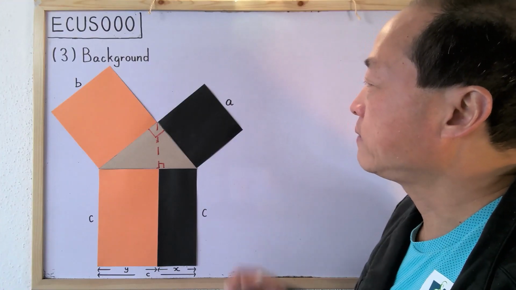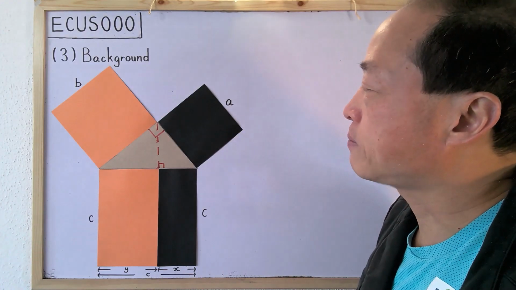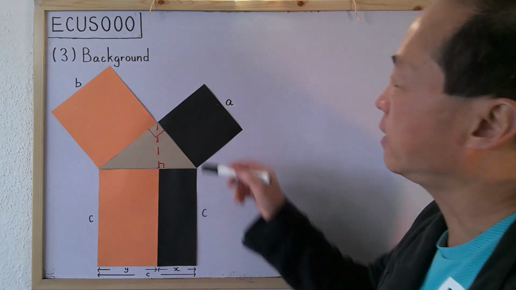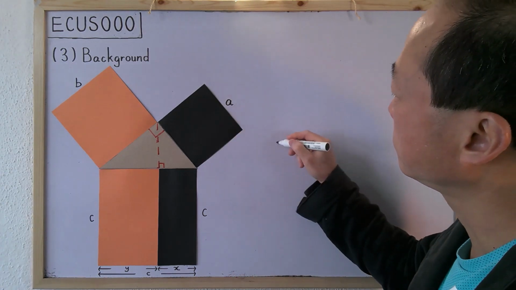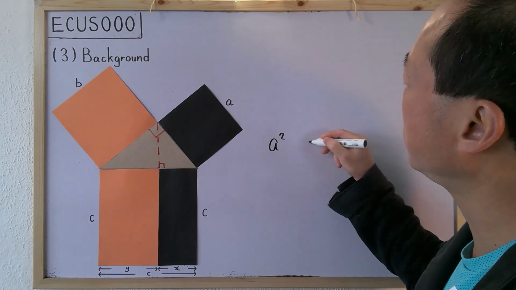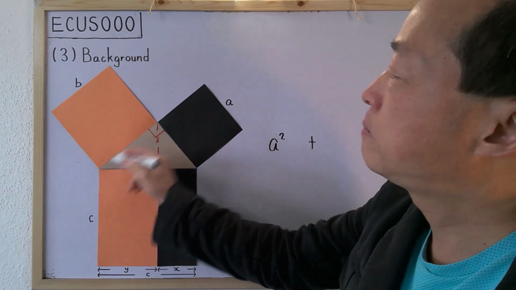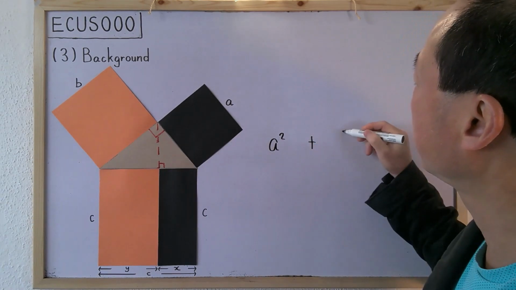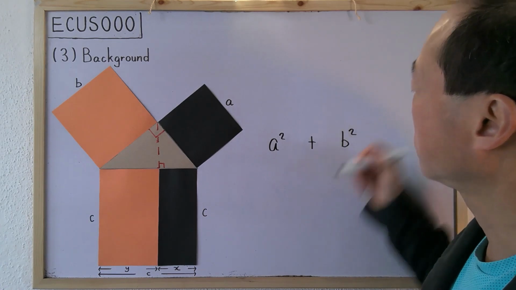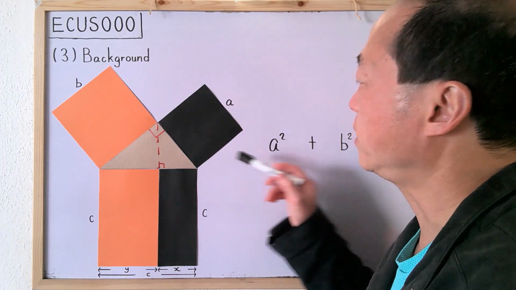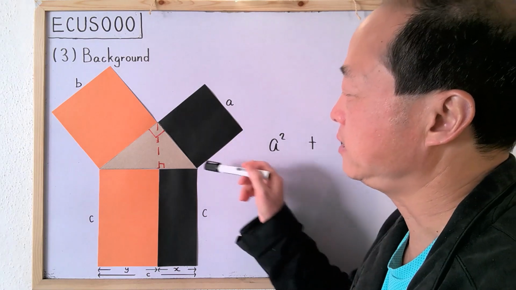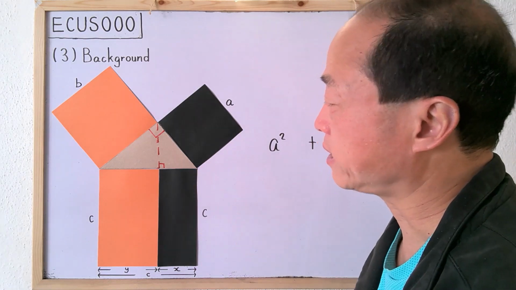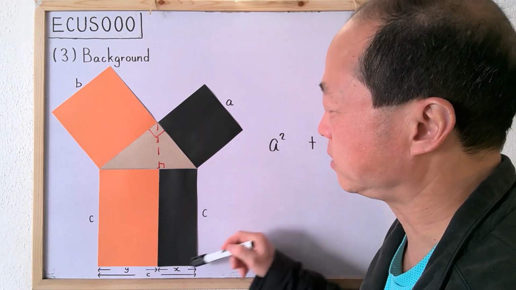The sum of the area of these two squares can be expressed algebraically as a squared plus b squared. As a squared is the area of this square and it equals the area of this rectangle, it becomes c times x.